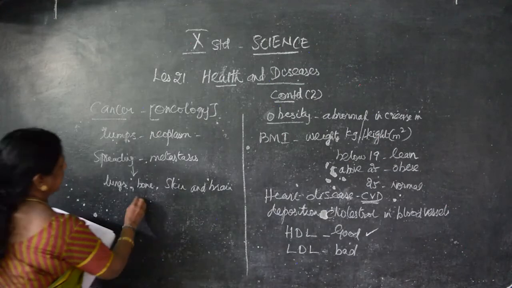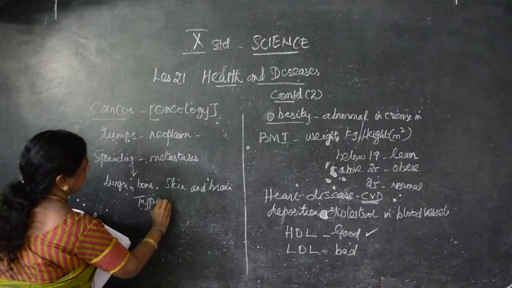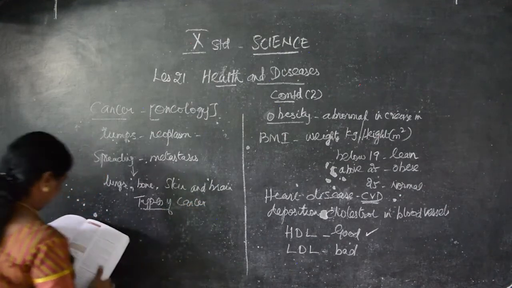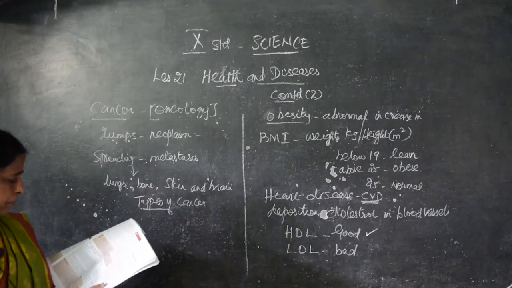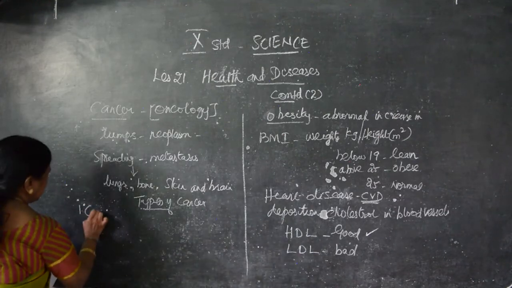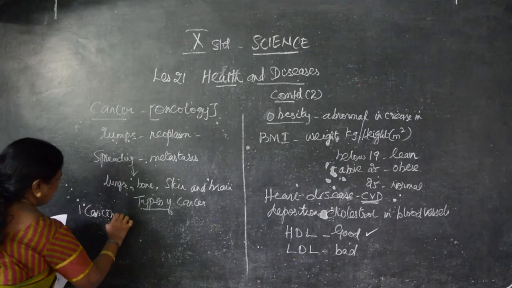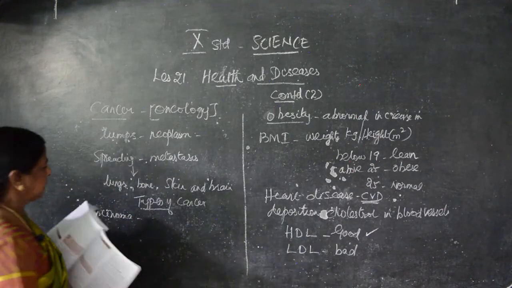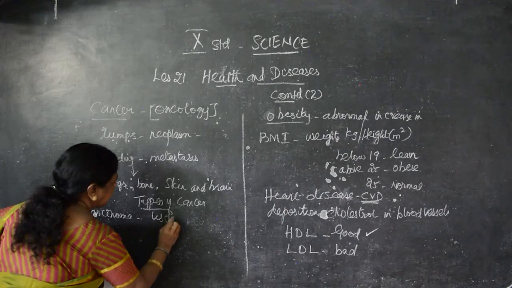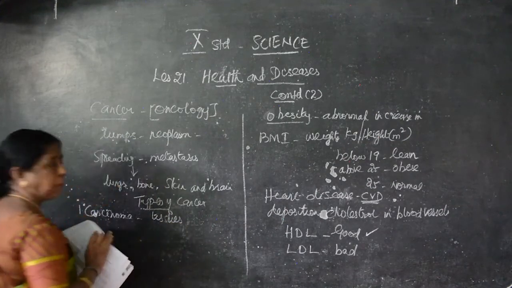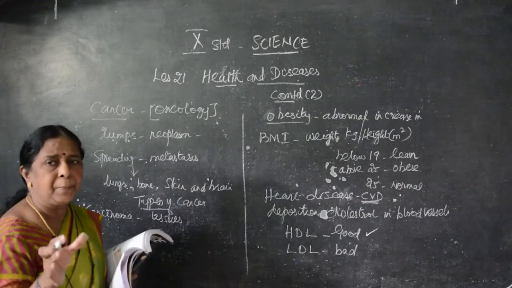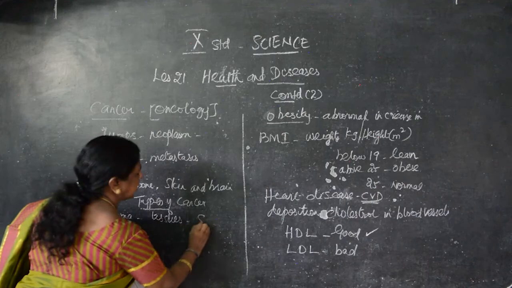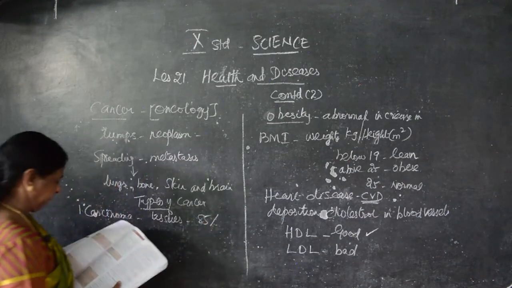There are different types of cancer. First one is carcinoma. This kind of cancer affects our body tissues. Our body is made up of cells, and cells of the same kind become tissue. 80% of cancers are carcinoma.